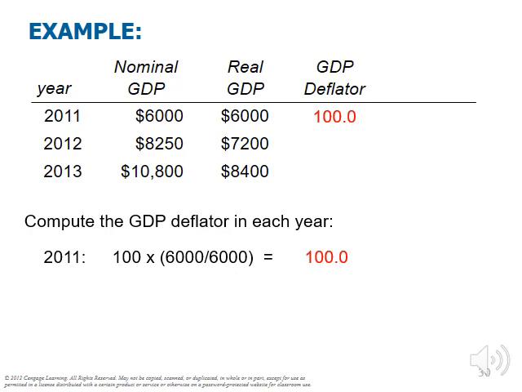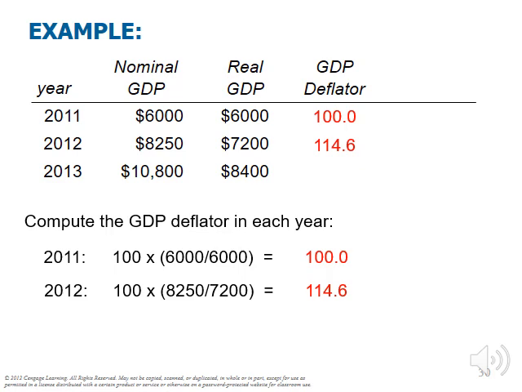Calculating the GDP deflator for 2012. Nominal GDP in 2012 was 8,250. We will divide that by real GDP in 2012, which was 7,200, and multiply by 100. The GDP deflator is 114.6.